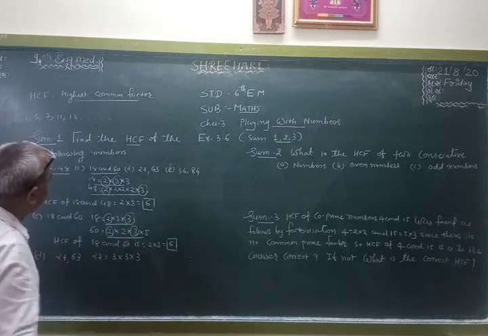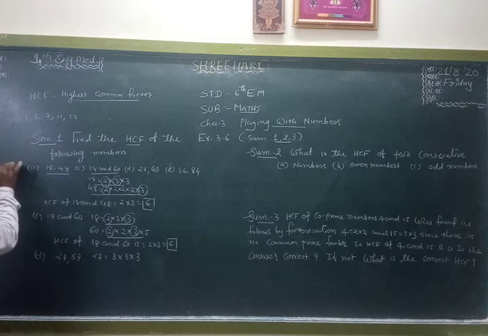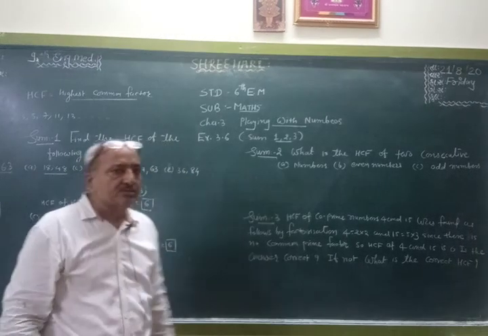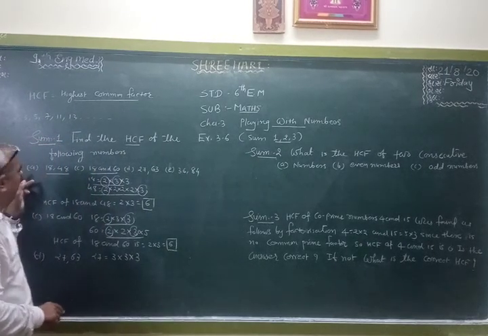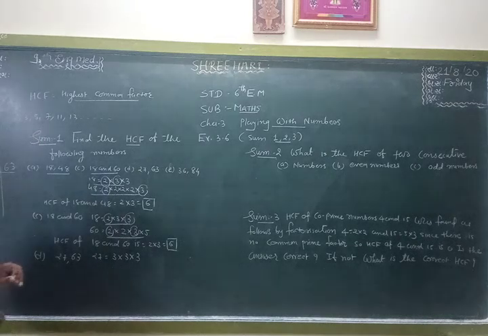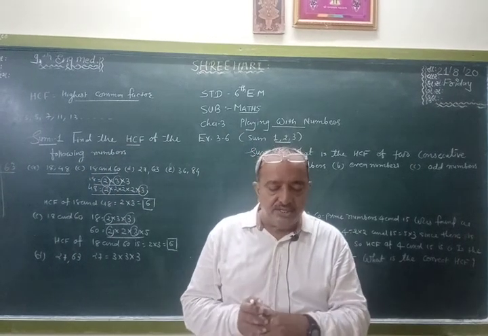Now the prime factorization of 63. We can't divide this number by 2 because the last digit is odd. To divide by 2, the number must be even, but here it is odd, so we can't divide it by 2. Now 3. Friends, we know the divisibility test of 3. What is the divisibility test of 3?